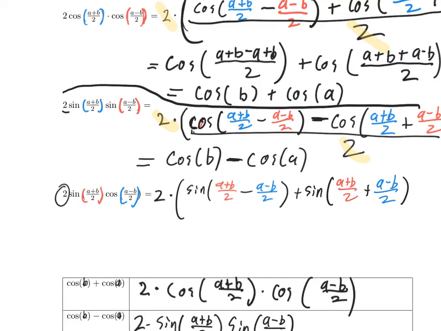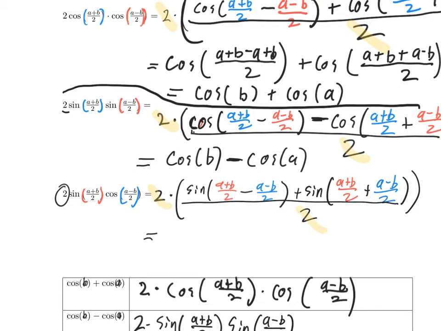Close parentheses, divide by 2. And just like before, those 2's cancel. Those 2's came from different places. One of them I put there to begin with. The other one came from the formula. But multiply by 2 and divide by 2, they cancel.